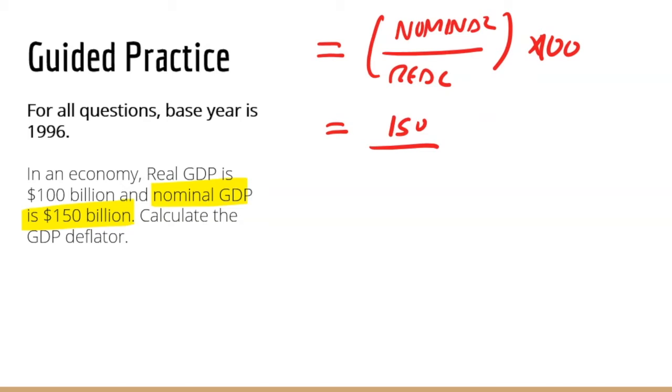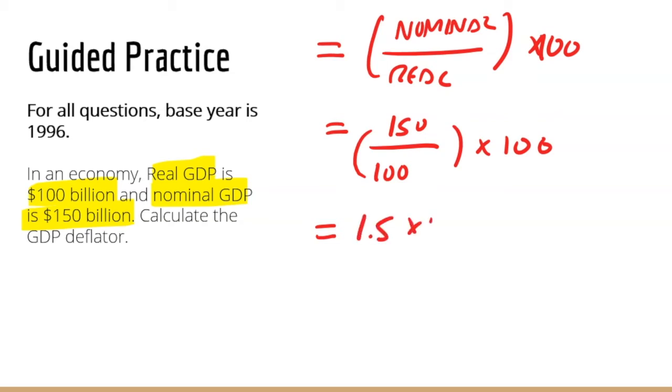We know that our real GDP is $100 billion, so that is going to go in the denominator, and we're going to multiply that by 100. So 150 over 100 gets us to 1.5 times 100, which gets us to 150. So our GDP deflator for this question is 150. Notice it's not a percent, it's just a pure number.